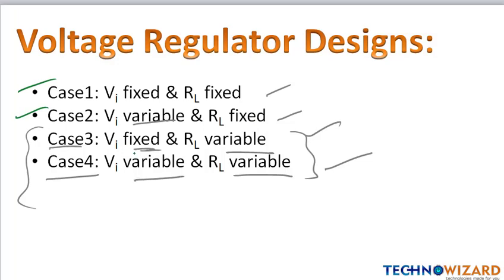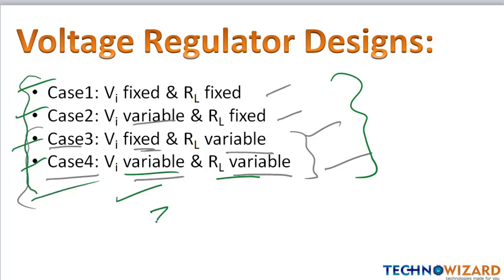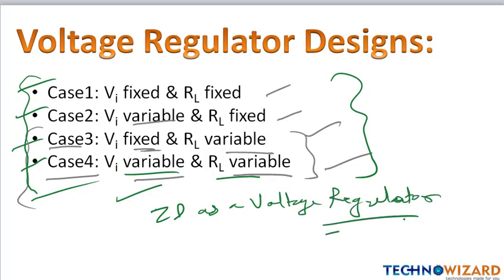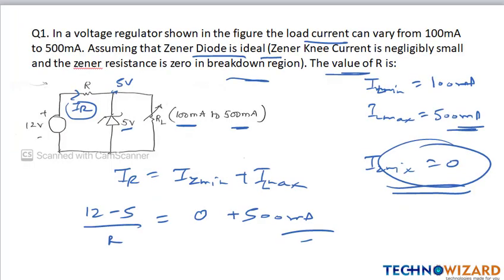Case 3 is when input voltage is fixed and the resistive load is variable, and case 4 is when input voltage is variable and resistive load is also variable. Only these 4 cases are present in Zener diode as a voltage regulator, and these are the questions based upon these 4 cases. I have taken one question for each case to solve your doubts.